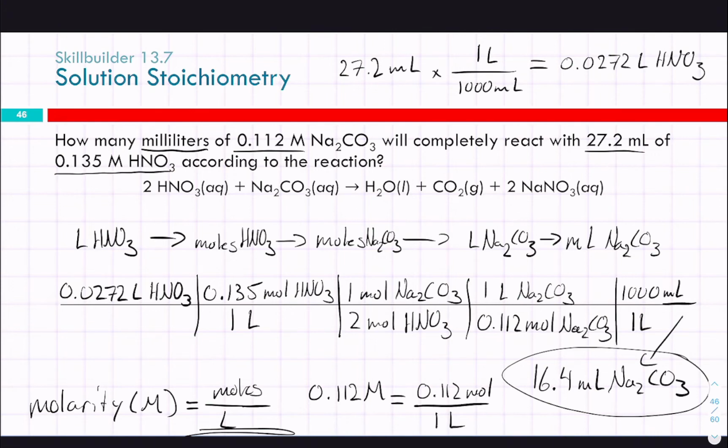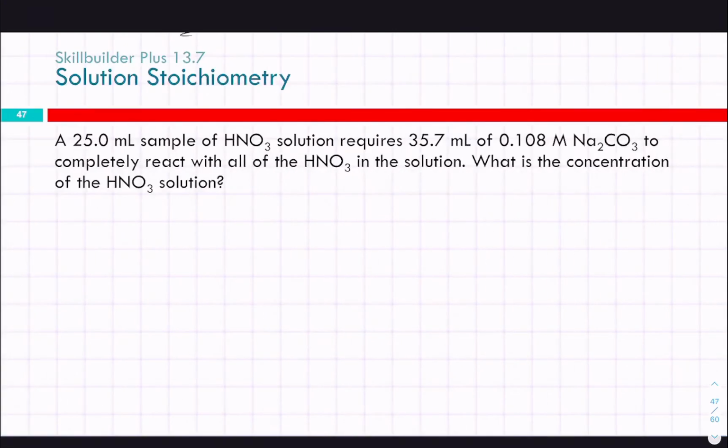Okay. Got at least one more of these. I should have converted these ahead of time too. In the interest of time, this is 0.0250 liters and 0.0357 liters.